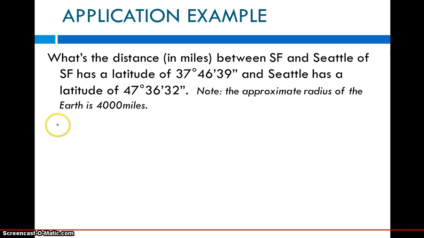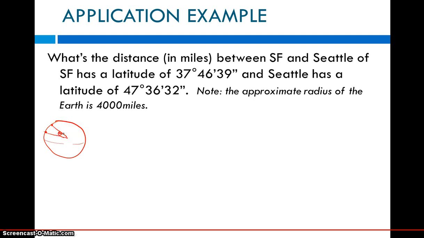So let's draw a picture to see how this would look. So here we have the Earth, and we know that Seattle is above San Francisco, so there's Seattle, and then there's San Francisco. Remember, we need to find the arc length, so the distance between them. So we need a central angle, so right here.